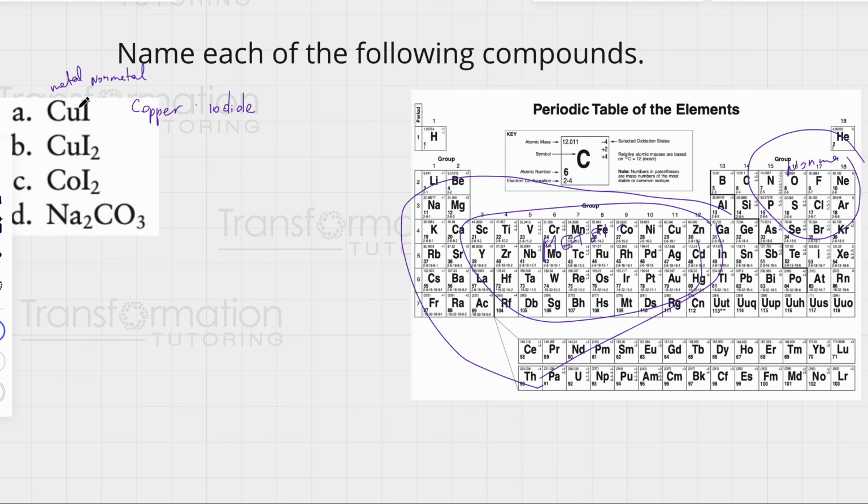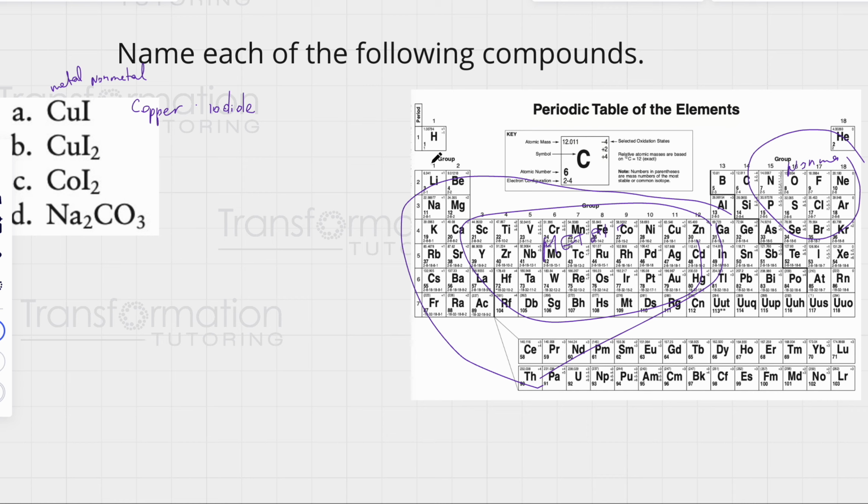So here I have CuI, and I have to figure out the oxidation number of my copper because I noticed that copper is a transition metal. What I'm going to do is figure out the oxidation number of iodine, and then use the formula to go through to the copper.